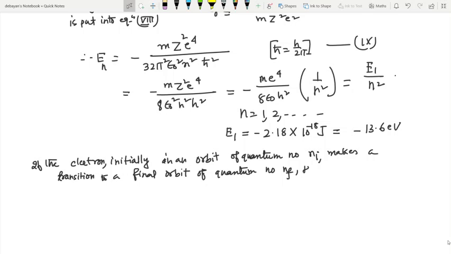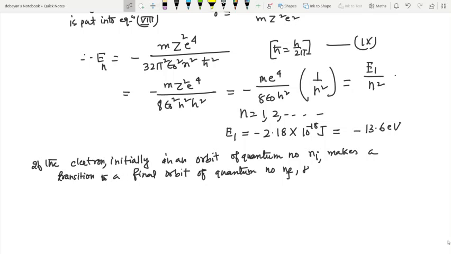If we put it in equation number 9, then Ei should be -m Z² e⁴ / (32 π² ε₀² ni² ħ²), and if we want to find the value of Ef, then Ef is -m Z² e⁴ / (32 π² ε₀² nf² ħ²).